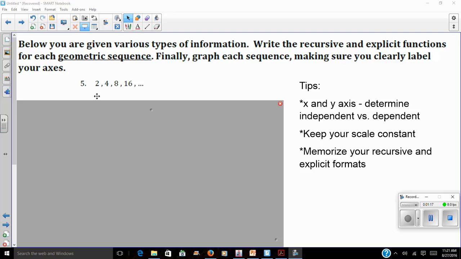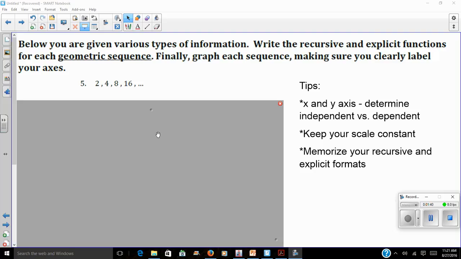So term number 1, term number 2, term number 3, term number 4. On the y-axis is the term value, because the term number will determine the term value. So on the y-axis is our dependent variable, and that will be 2, 4, 8, and 16.